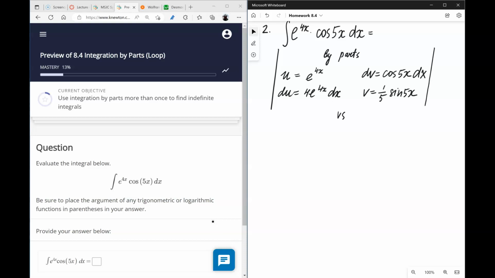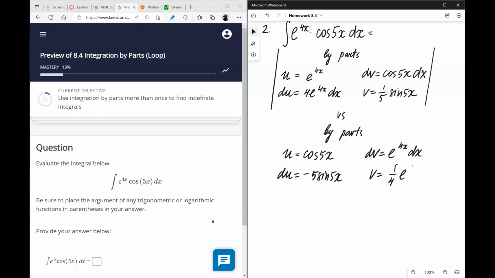You can also set up your integration by parts like this, and again, it will work out the same exact way. U equals cosine 5x, then du is negative 5 sine of 5x dx, and dv is e to the 4x dx, so that v is 1/4 e to the power 4x.